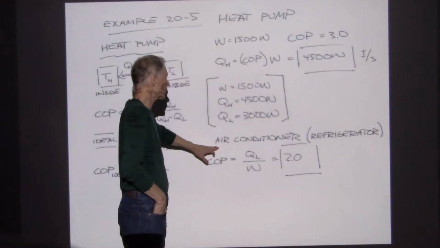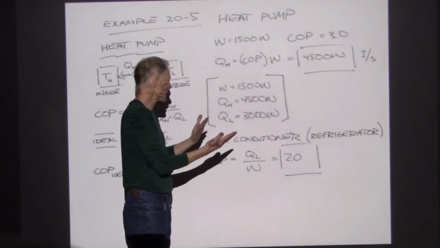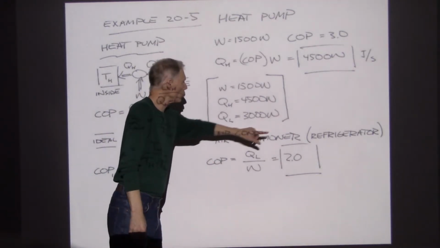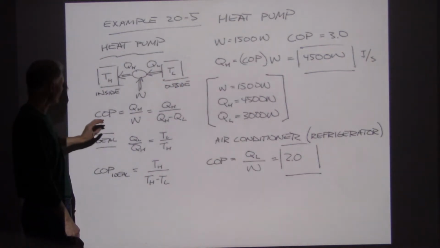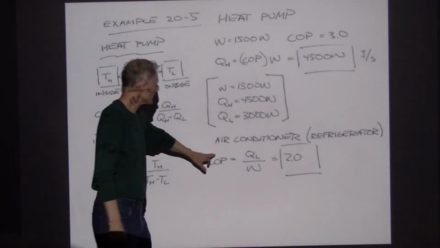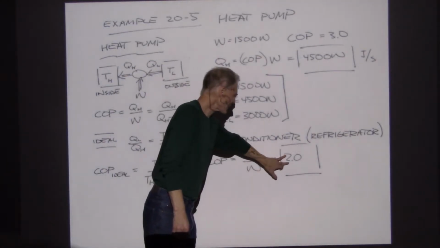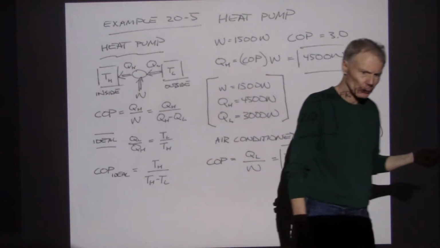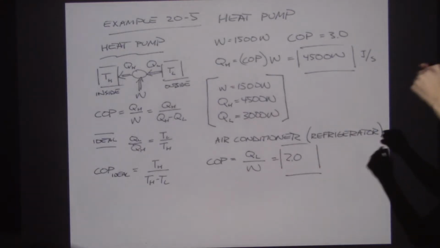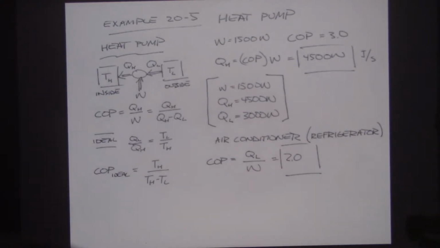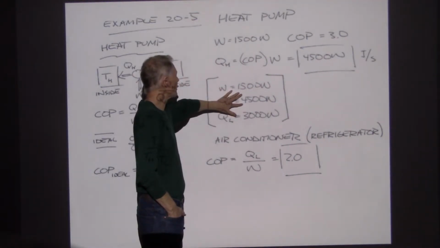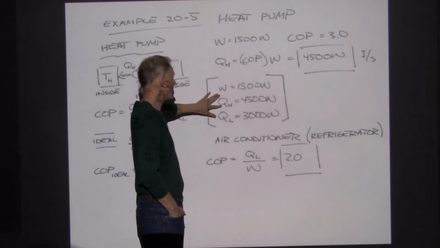Now in the summer, when we flip this around, when you change that expansion valve, it becomes an air conditioner and it's going to cool inside. So instead of looking for the QH, now we're looking for the QL. The COP of QL over W is going to drop to 2 for this particular example. That says that we'll only be able to pump 3,000 watts out of the house. When we're heating the house, we get the 4,500 watts coming in at high temperature.